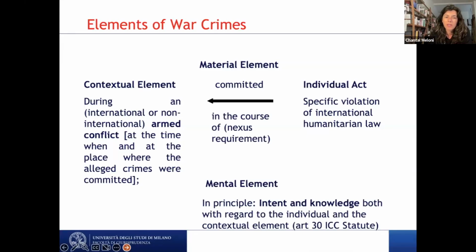So there is the so-called nexus requirement. And also, of course, these individual war crimes need to be committed with intent and knowledge, meaning that the person, the soldier, the commander, the general who is committing the crimes must have the mental element.